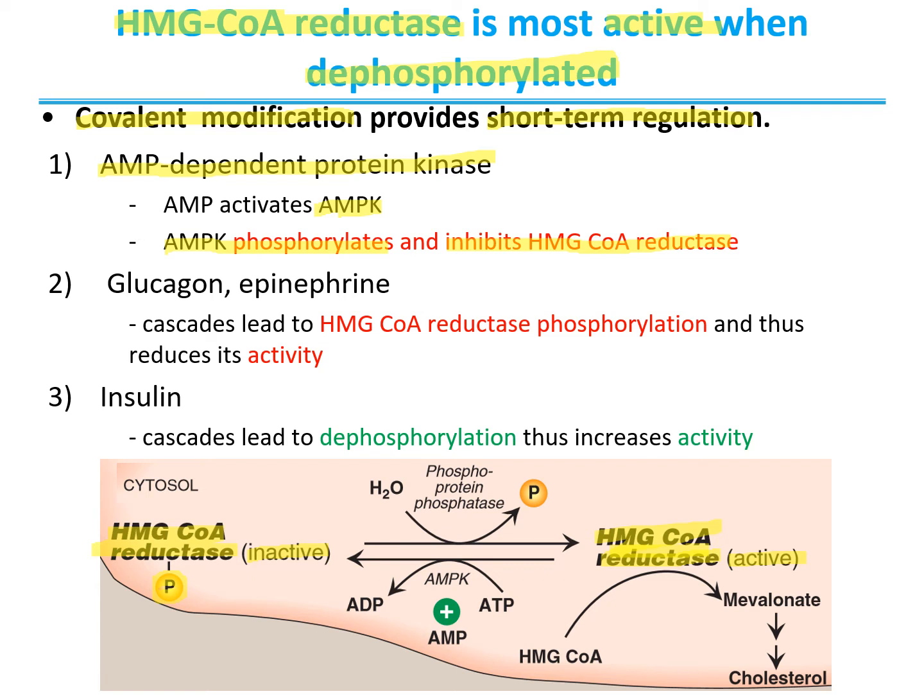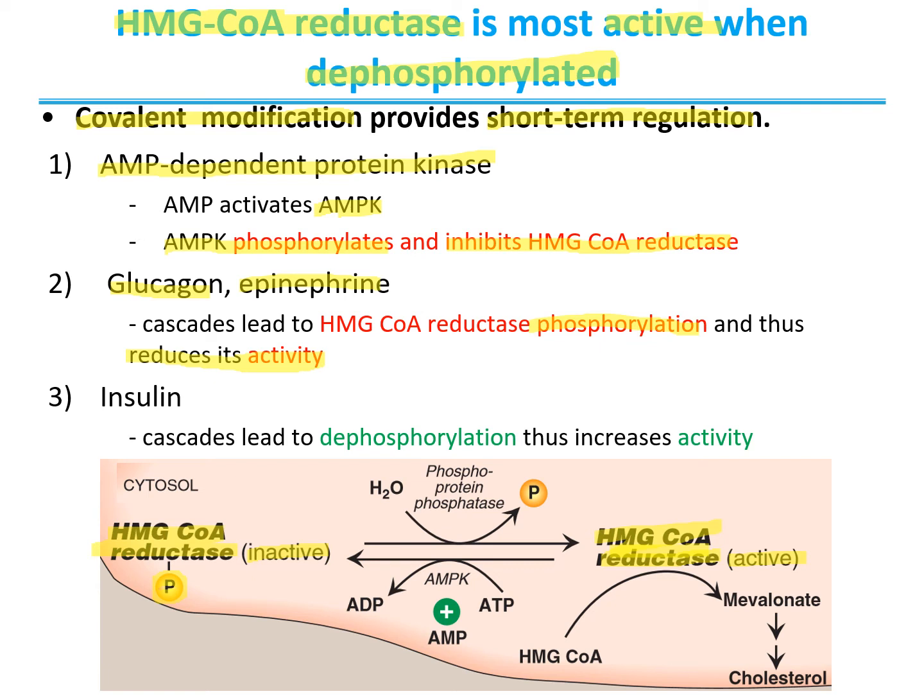We have got two hormones, glucagon and epinephrine. Both of these cause the phosphorylation of this enzyme, and therefore decrease its activity. In other words, we can say inhibits it or makes it inactive. All mean the same thing.